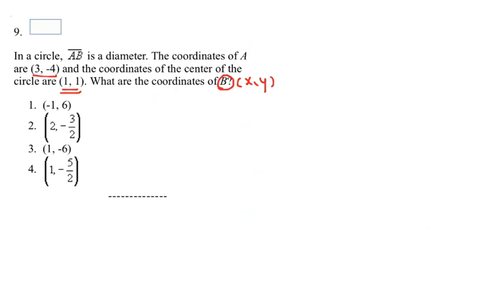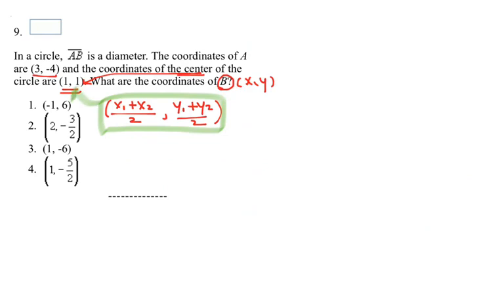Then notice that the center has to be the midpoint. If I have to remind you the midpoint formula, it would have been x sub 1 plus x sub 2, those two x values divided by 2, and y sub 1 plus y sub 2 over 2. That's the midpoint formula. But here we get to realize that that midpoint formula is corresponding to the center.